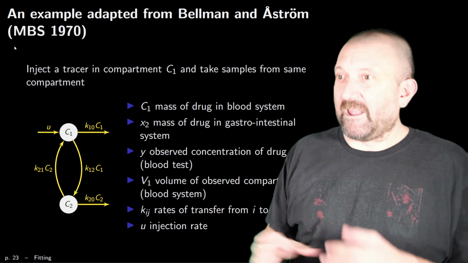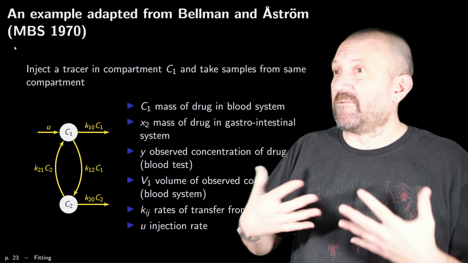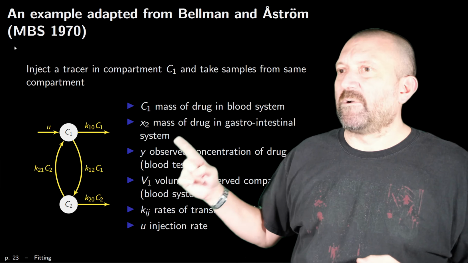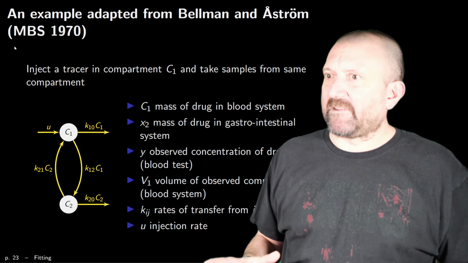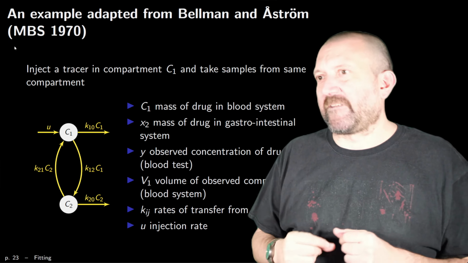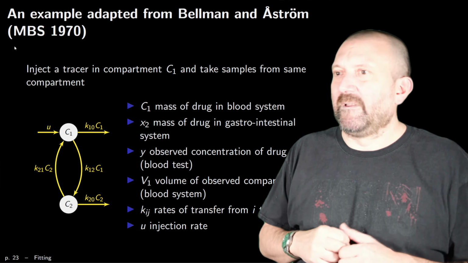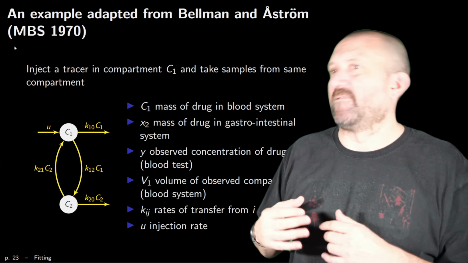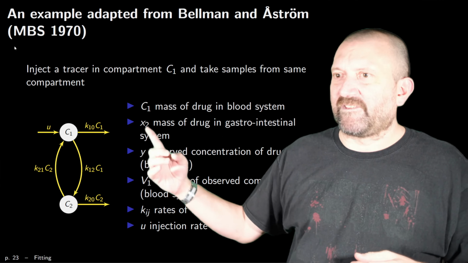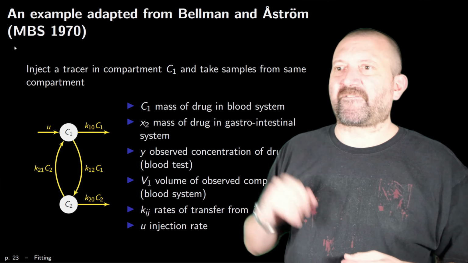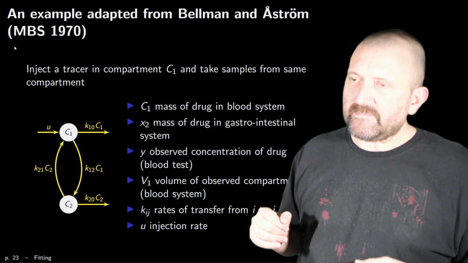C1 is how much drug there is in the blood system. C2 is how much drug there is in particular in the gastrointestinal system. You're injecting a drug that has to do with the gastrointestinal system in some way, or it's digested, I don't know exactly, but what happens is there's an exchange between the blood and the gastrointestinal system.